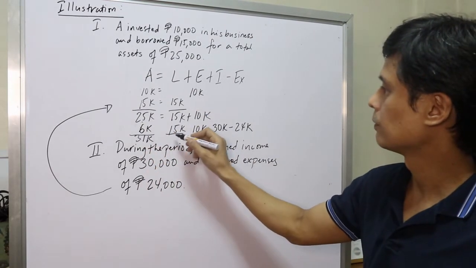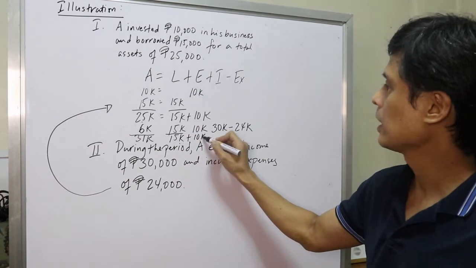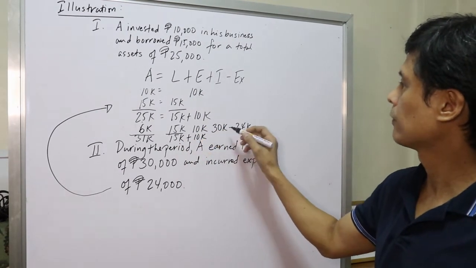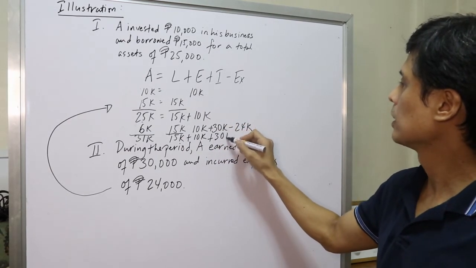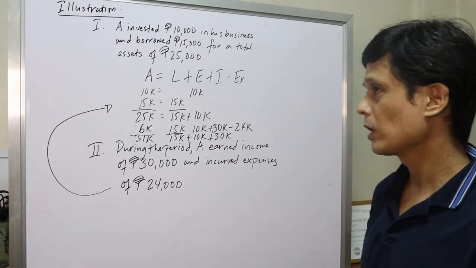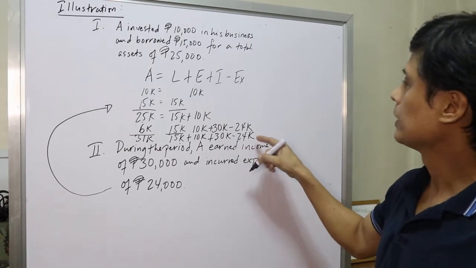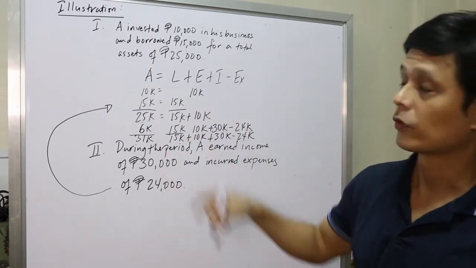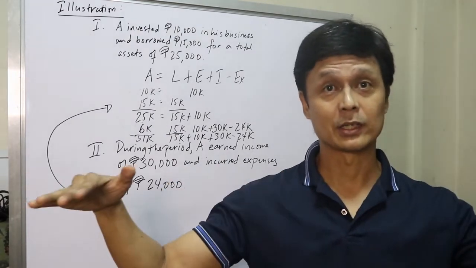So let's bring this down. So 15k plus 10k, that would be 25 plus 30, 55 less 24k, that would give you 31. So equal pa rin sila, equal lagi yan.